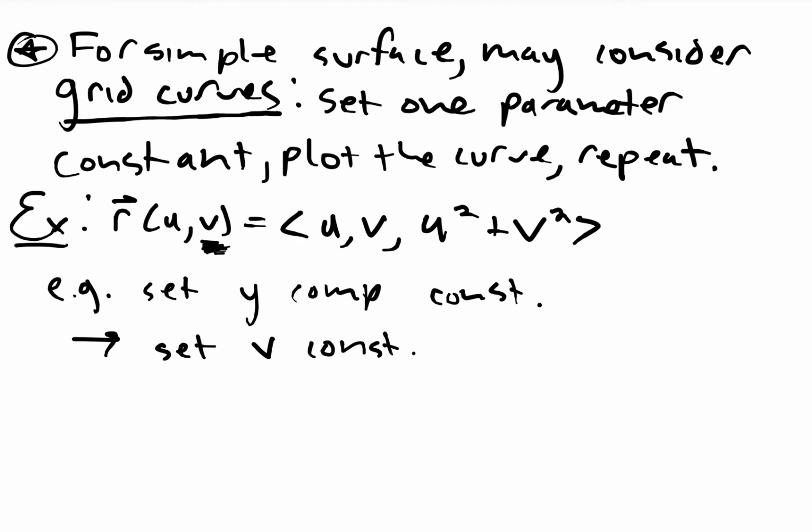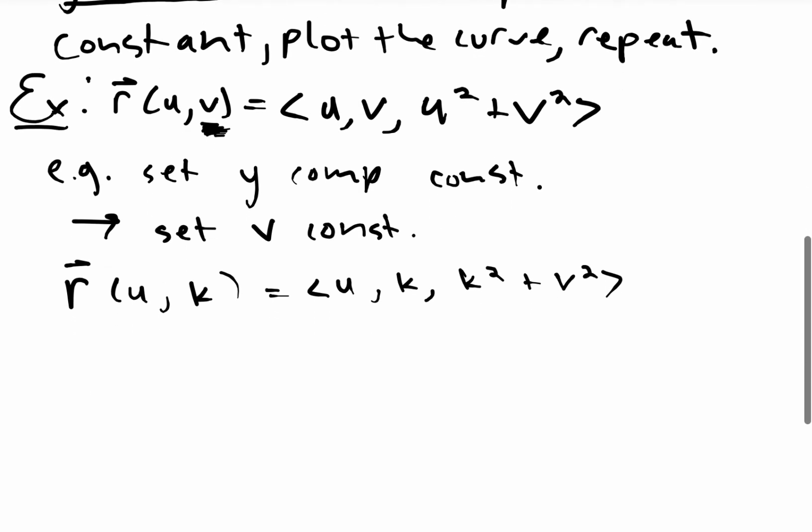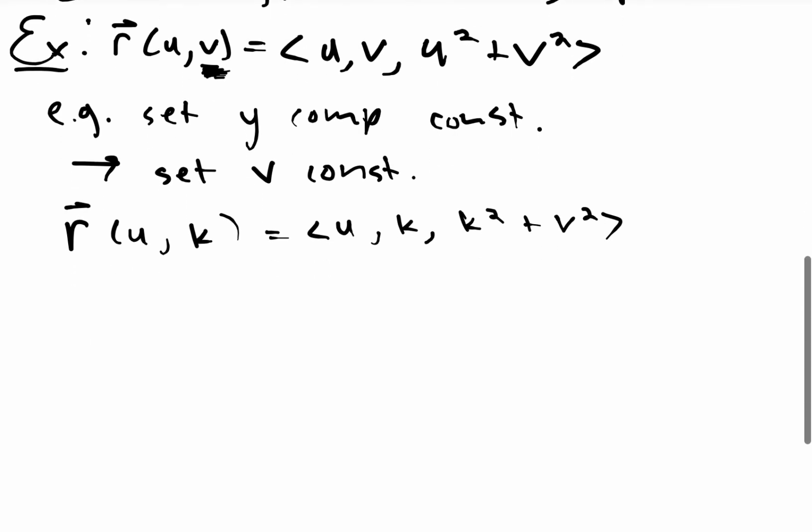I'll set that equal to a constant. What this is going to look like is this. I will now get r of u, k. So this will look like u, some number k squared plus v squared. And how I now want to think about that is this.